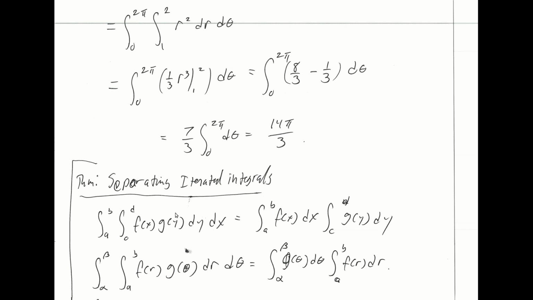That's all a constant with respect to dx, and I can pull that constant out across the outermost integral here so that the two end up standing just next to each other. So this is legal, and likewise if you're doing it in polar, if your limits of integration are all constant and your integrand factors into one function of r times one function of theta, you can disentangle them in this way again and just have the two single variable integrals multiplied together.